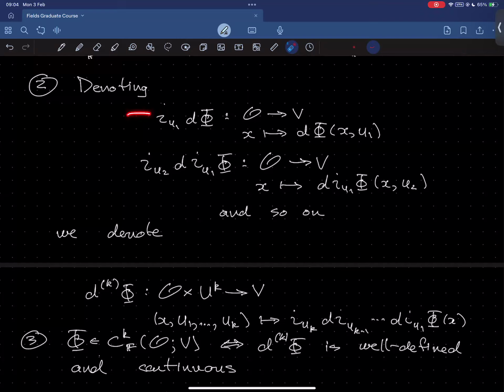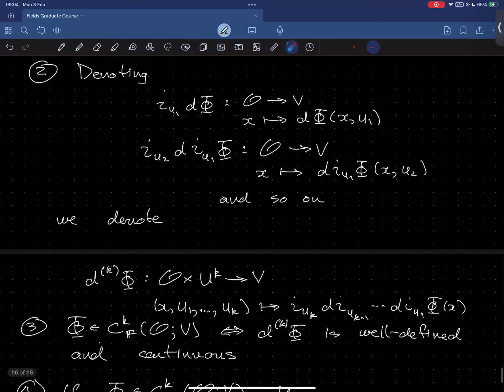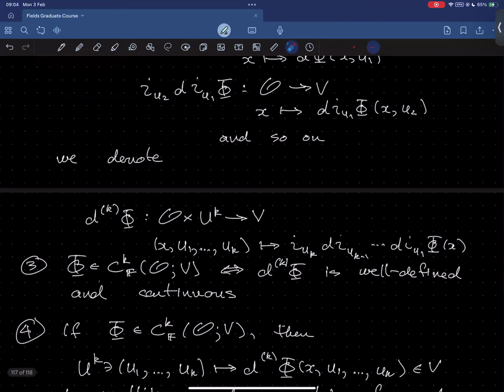All right, but after you've done that, you can continue this process, and you have to. We don't necessarily know a priori that any of these symbols make sense, but let's suppose it all does make sense. Then we can define this thing which I call dk phi. This is the kth derivative, and this is the function of O, the domain of phi, k copies of u, and it's simply defined like so.